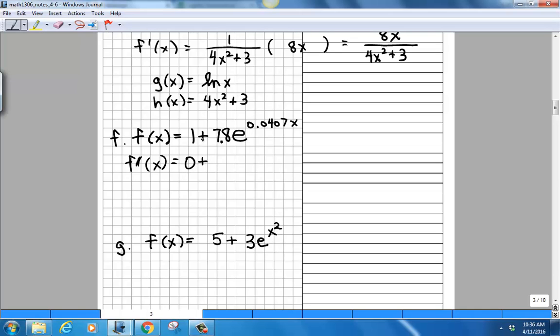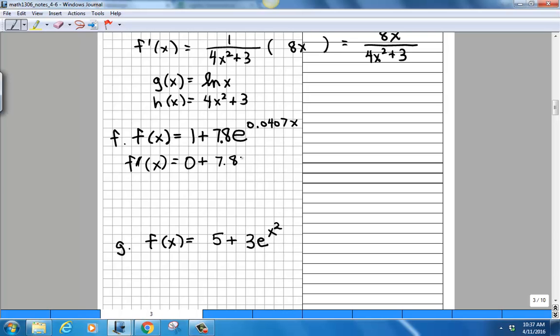Plus, and then we have to find the rate of change of that second term. But that second term should have also an easy rate of change, right, Albert? Because that's just e to a power. So when you find the rate of change of e to a power, what do you get? You just get the same. So the constant, the 7.8, the coefficient there, is not going to really contribute anything.